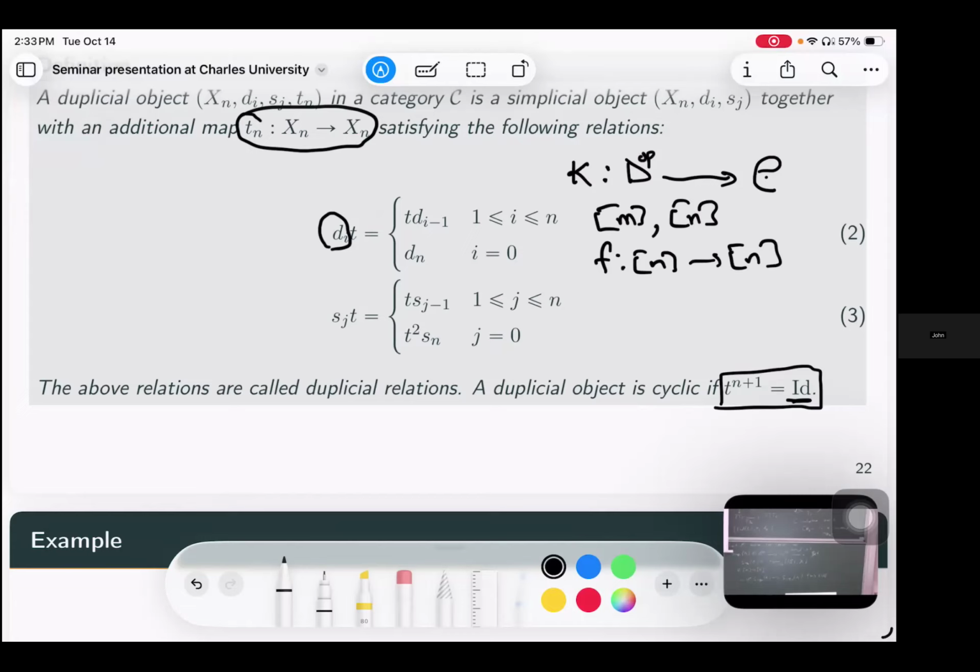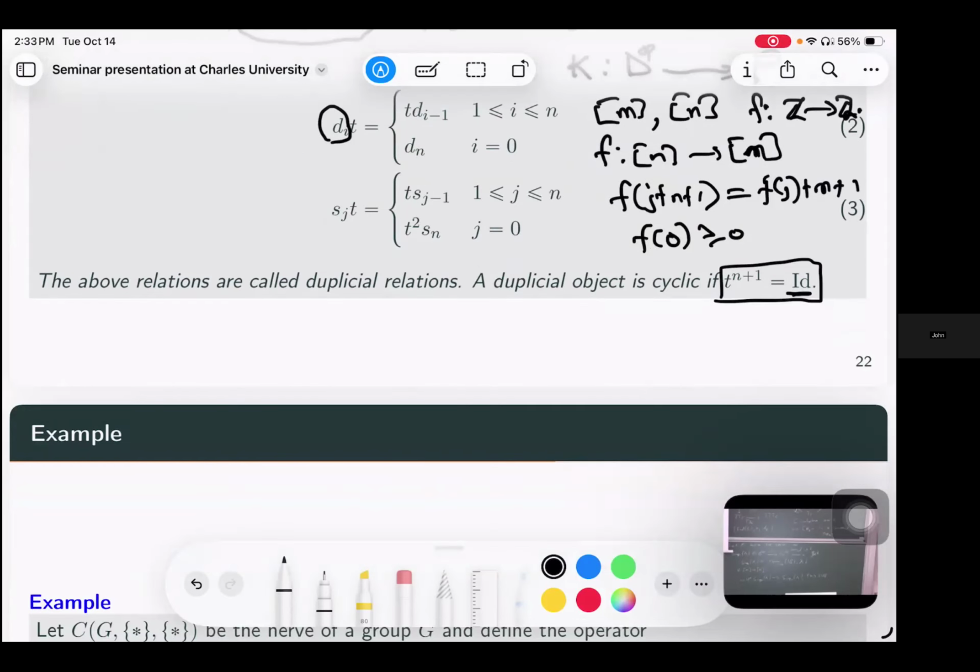So for this N to M, the extra information is that f(j + N + 1) is the same as f(j) + M + 1. f(0) should be greater than or equal to 0. And here this f is actually going from Z to Z. Again, these are non-decreasing maps. And lastly, I have that f(N) is less than or equal to M.